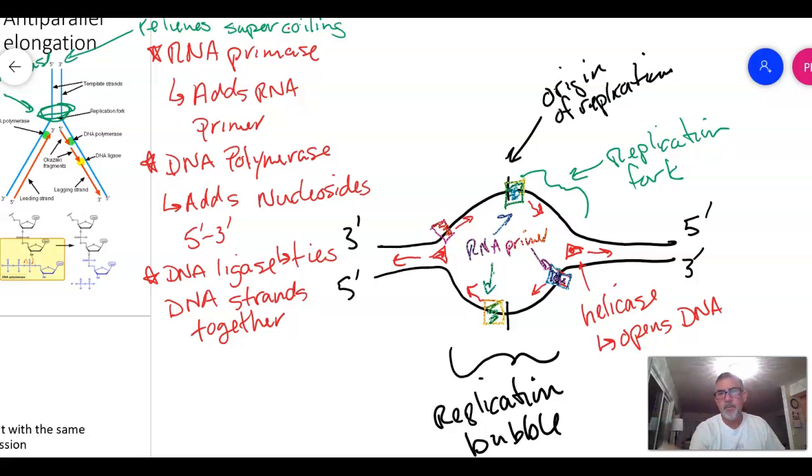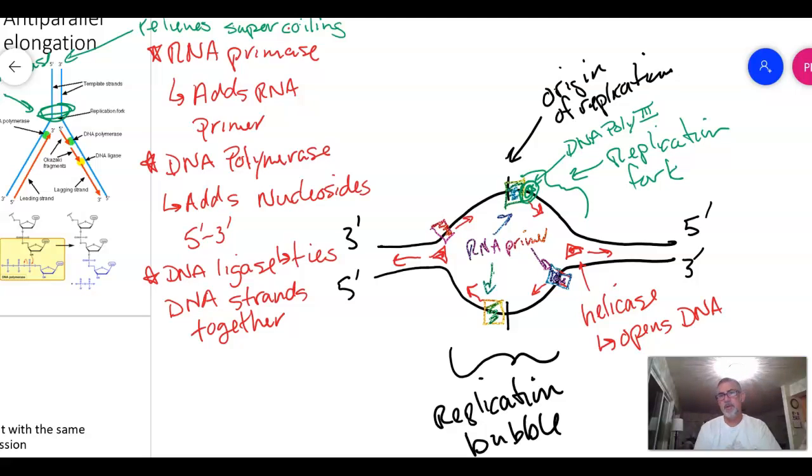So I have my RNA primer here, and on the RNA primer I'll get DNA polymerase 3, and it will start replicating DNA.